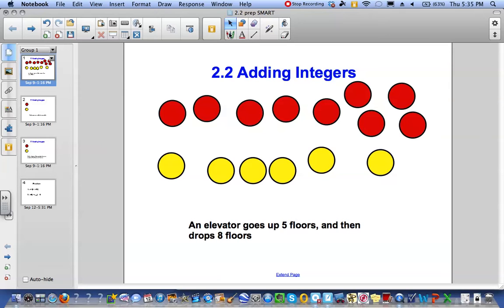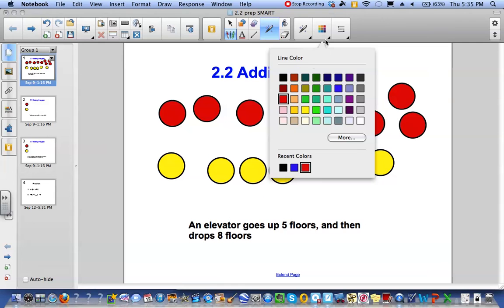And as we did before, we're going to make 0 pairs. So I take out my pen and I cross one off here, I cross one off here. For every one I have on one side, I cross one out for the other. So I've crossed out all 5 of these, and I've crossed out all 5 of these, and it's not staying.